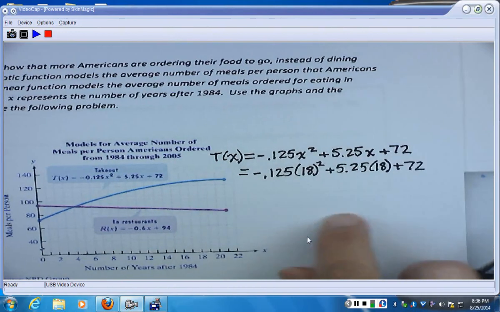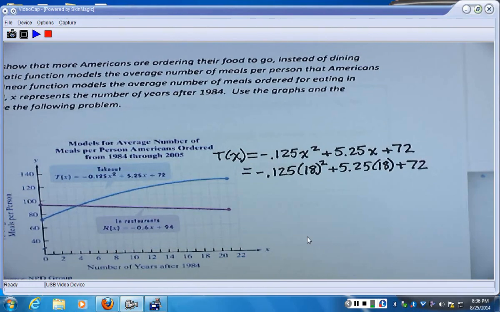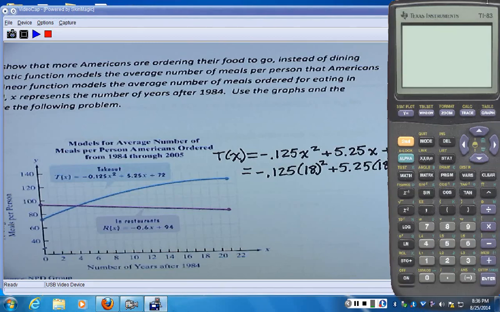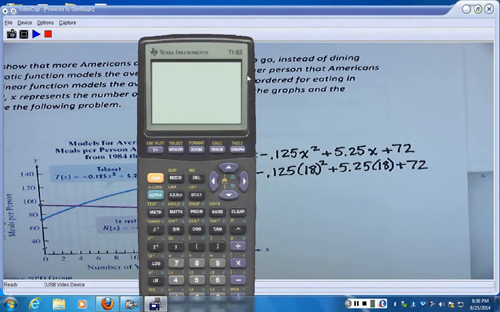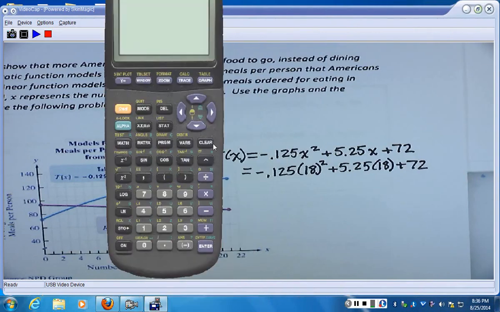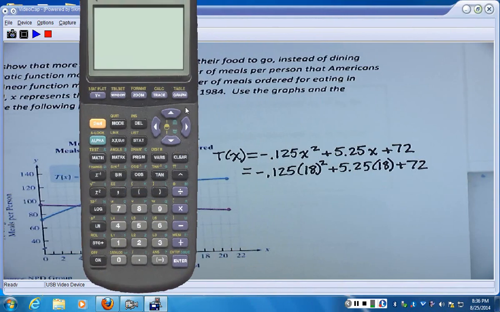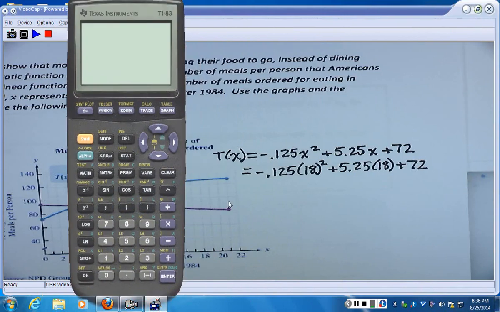It said to use the equation in the first part. That's what I'm doing. So you're going to type that in your calculator. T of 18. Okay, so negative 0.125 times 18 squared.